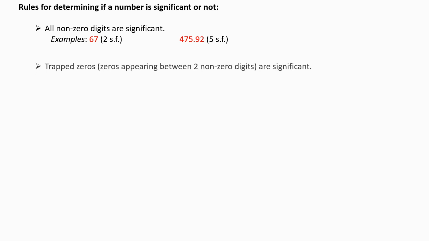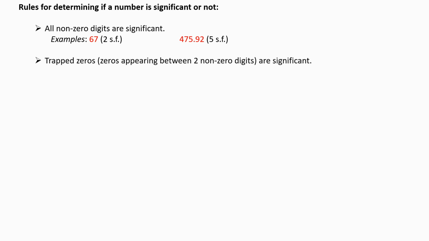So any number that is not a zero is significant. For example, 67 is a number to two significant figures, and 75.92 is a number written in five significant figures. Then rule 2, trapped zeros, that is zeros that appear between two non-zero digits, are significant.